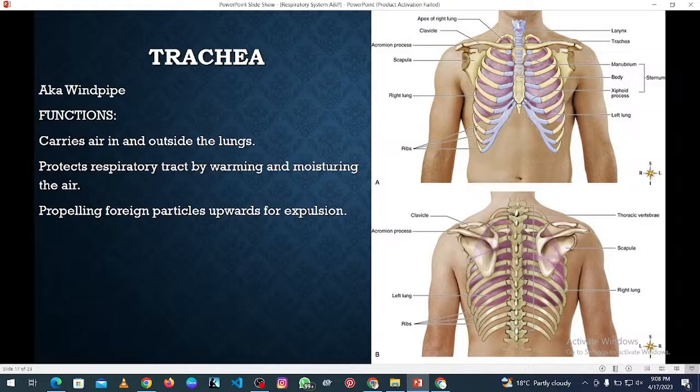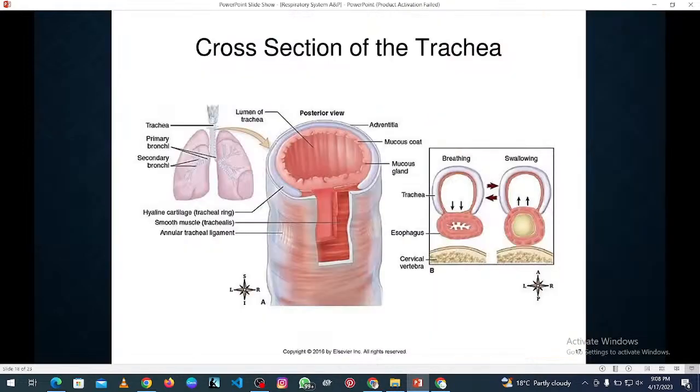Let me show you guys the cross-sectional area of the trachea. This is the anatomical view, cross-sectionally, of the trachea. So the very first section, this inner one, I believe you can see my cursor moving. This inner part is the mucosal or the mucus layer. The trachea has 4 layers.